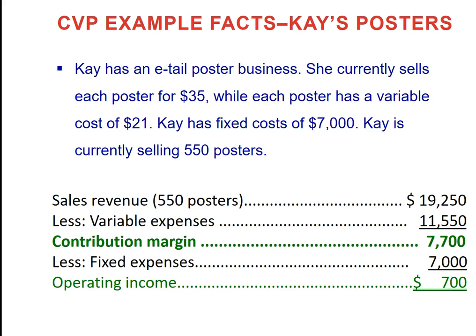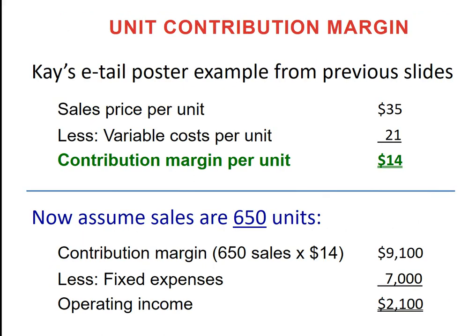Now we will use this information and do some CVP analysis. We can also figure out the contribution margin per unit for this company. The idea of contribution margin is just the difference between your sales revenue and your variable cost.